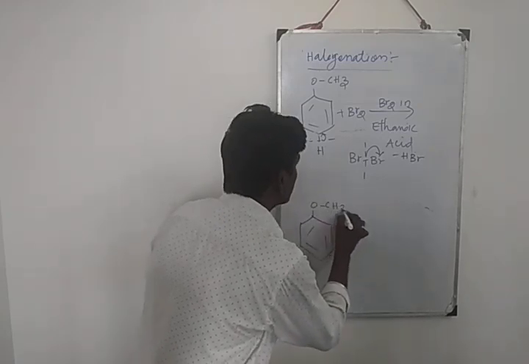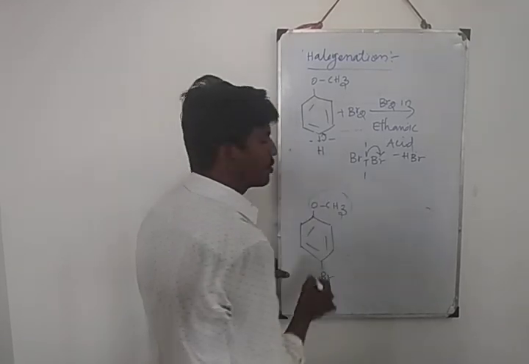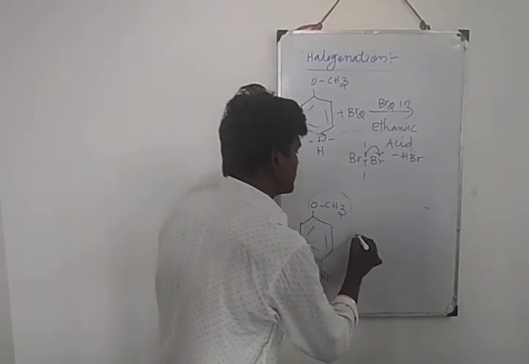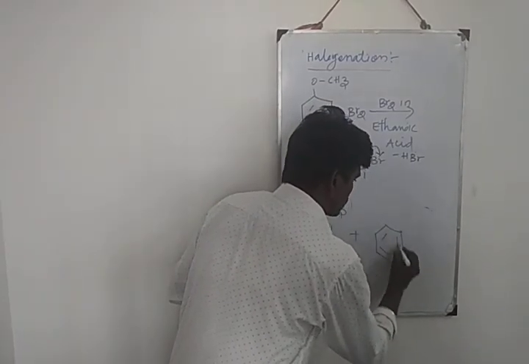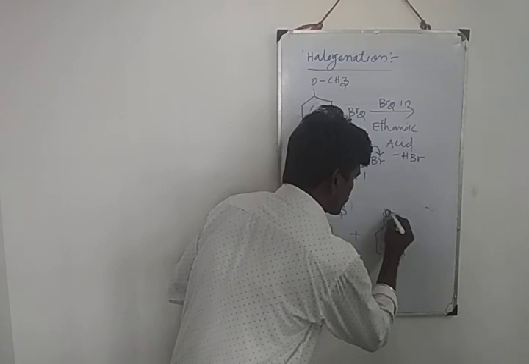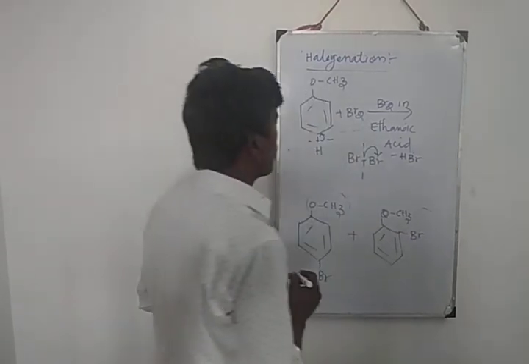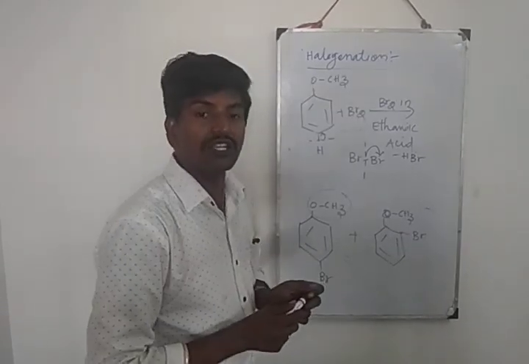OCH3 Br. You know very well the OCH3 group is an ortho-para directing group. So the same chemical reaction takes place in the ortho position also. OCH3. So when we do bromination in anisole or methoxybenzene, it gives a mixture of products.